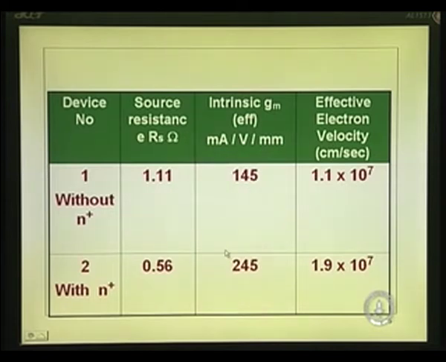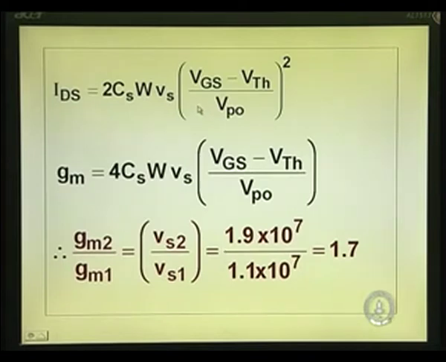Now, what are these quantities? These quantities are given by these equations. IDS is given by that, GM is given by this. So, if I take the GM in the two cases, the intrinsic GM, CS is the same because the gate is the same. W is the same, VGS is the same, 0 or whatever you apply.